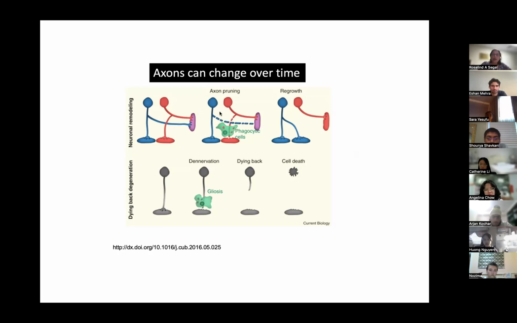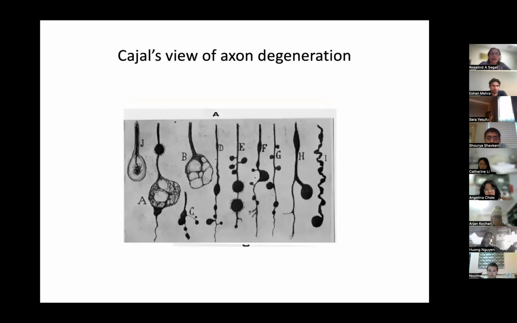And so one of those will be pruned so that there's more specificity in connections. Other times, it's really disease where the axon can die even without or with cell death. So axon degeneration is very key, and a really interesting process that can cause disease or be normal physiologic.